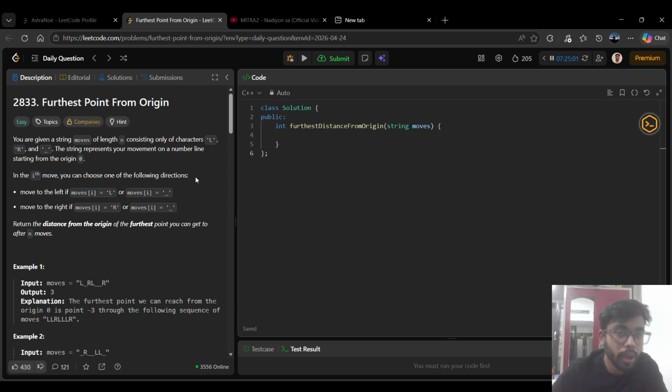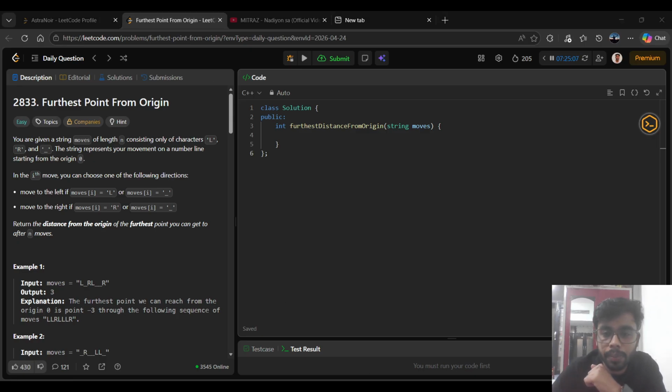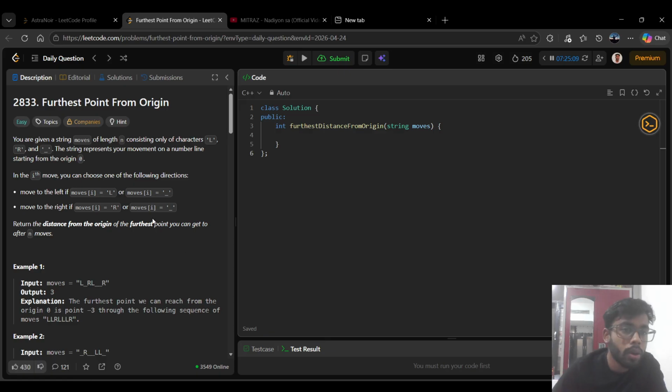So today we have got LeetCode 2833. So here is the question. We are given a string moves of length n consisting only of characters L, R, and underscores. The string represents your movement on a number line starting from the origin. Whatever is given, we have to start from the origin.